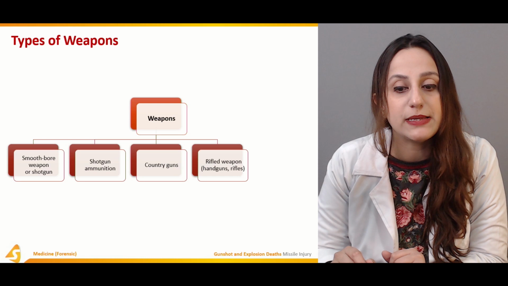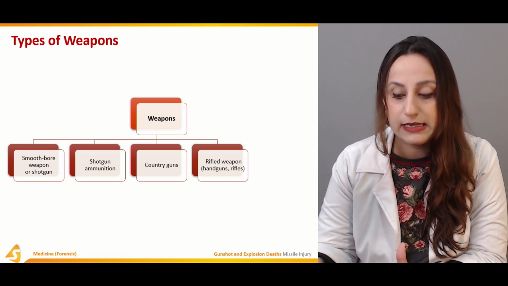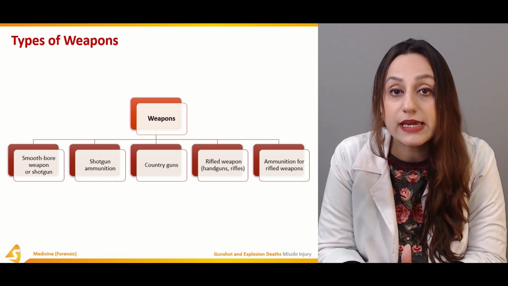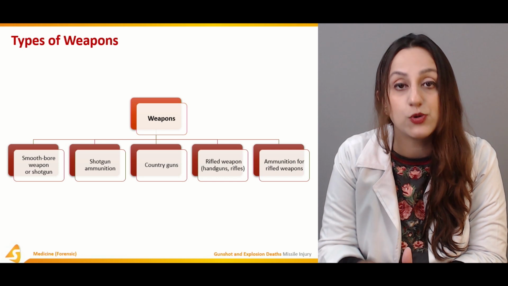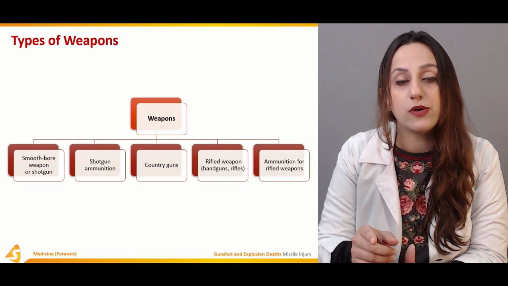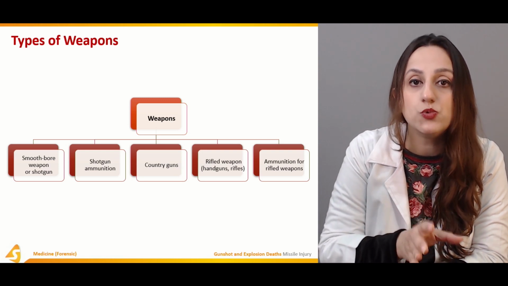A rifled weapon includes handguns and rifles. They have more velocity because of the grooved structures inside. The bullet moves in a spiral motion and goes with more velocity when we compare it with a smooth bored gun.